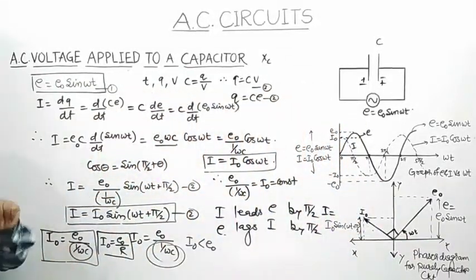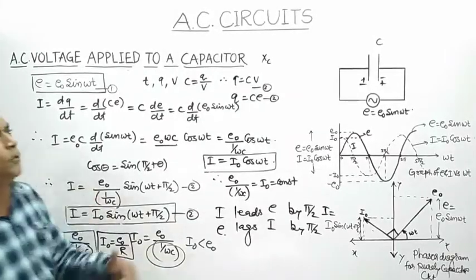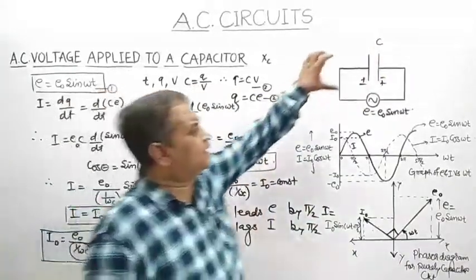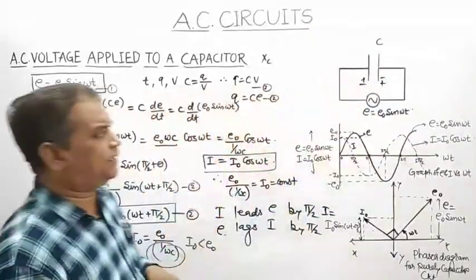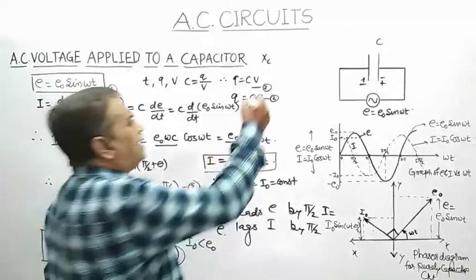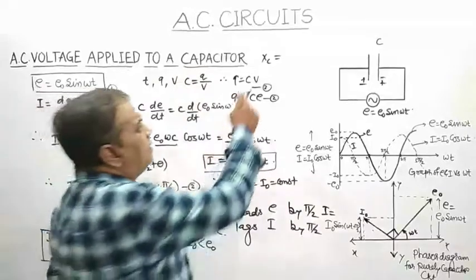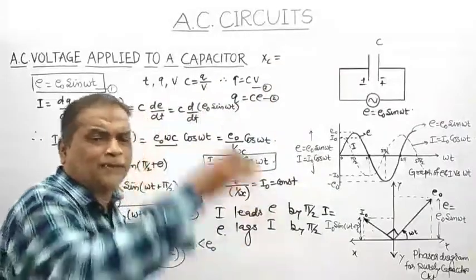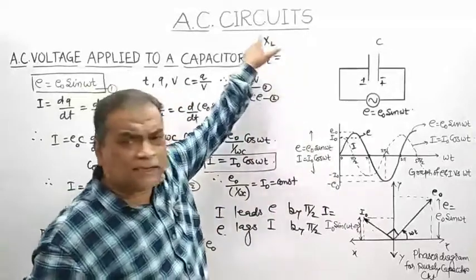Similarly, what is the role of 1 by omega C? Its role is to oppose the flow of alternating current through a capacitor. So the effective resistance offered by a capacitor to the flow of alternating current through it is called capacitive reactance, denoted by X suffix C. X means reactance and suffix C means capacitive reactance, because XL represents inductive reactance.